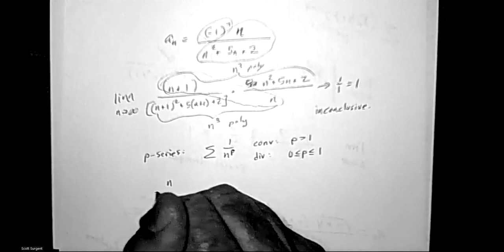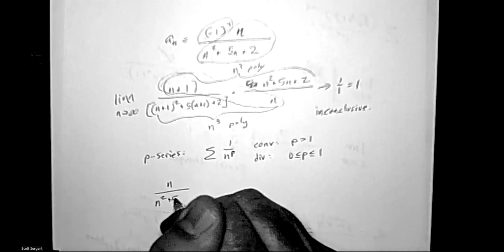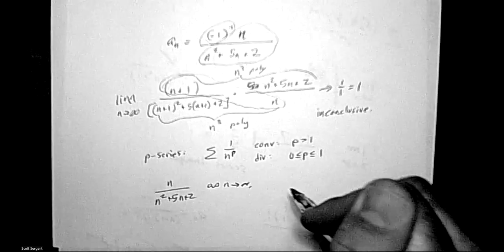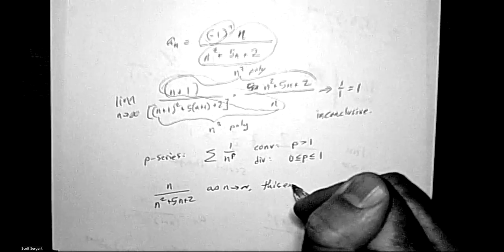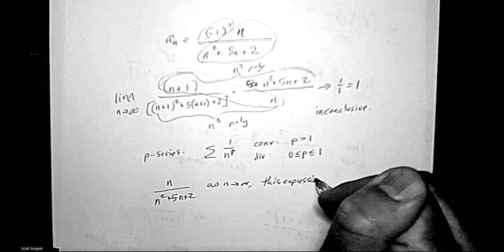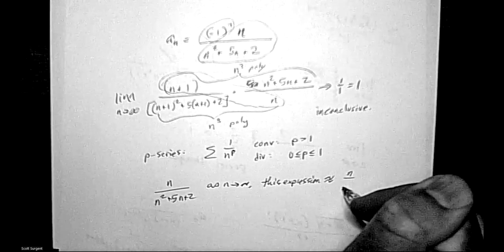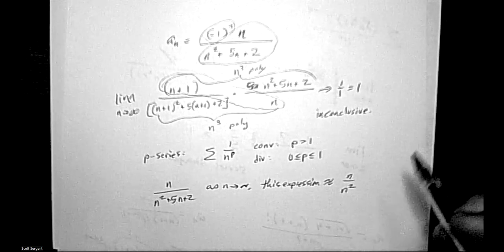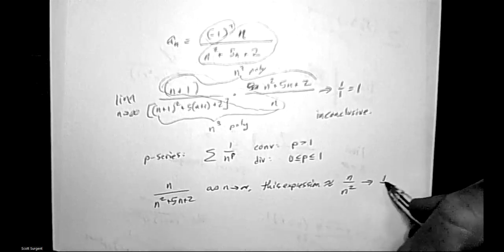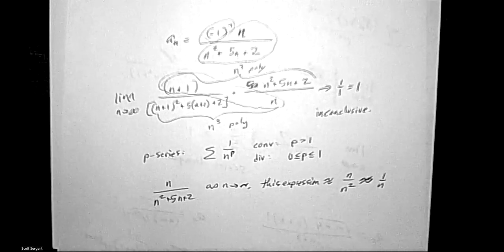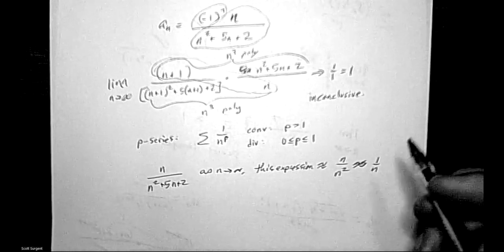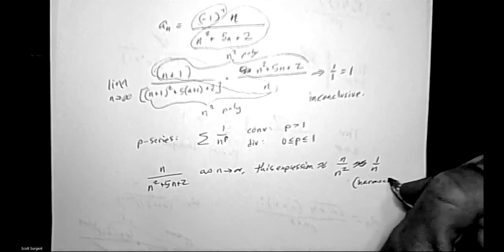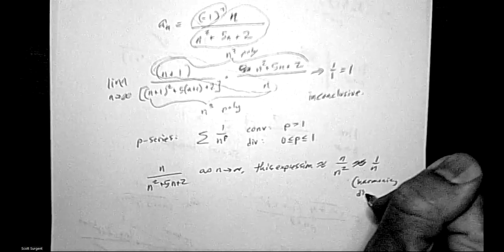When I teach this in class, I say as n goes to infinity, this expression is approximately equal to just n over n squared, because the 5n plus 2's become negligible. That's the same as 1 over n. I'll use squiggly equals. Well, that diverges. This is the harmonic series. It's divergent.